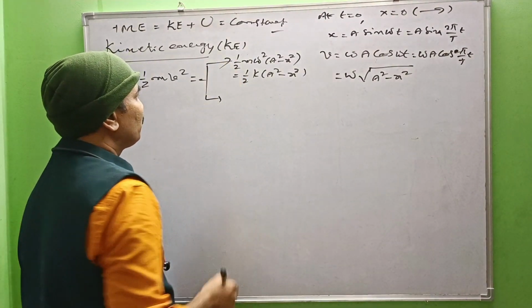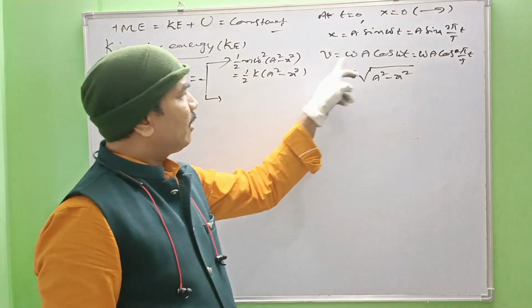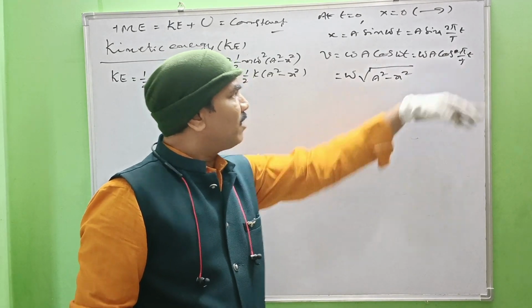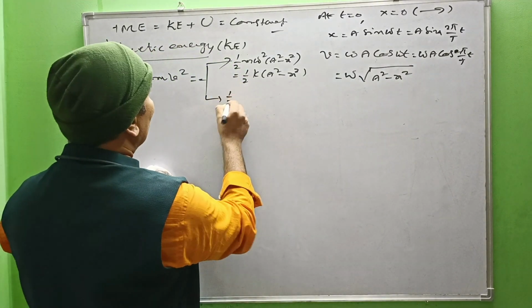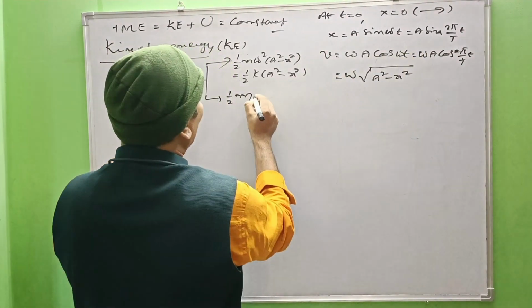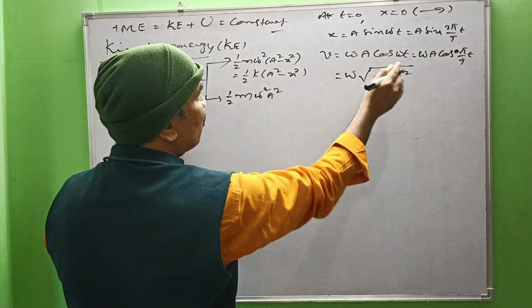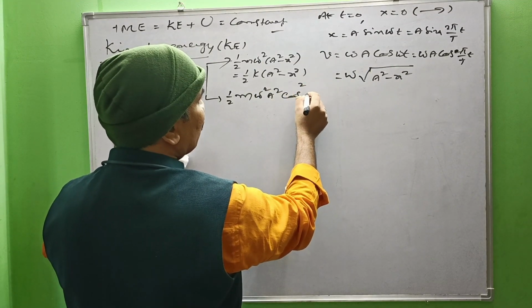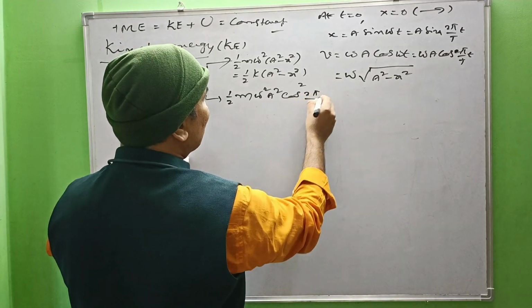See another form. If we take v as omega into a into cos 2 pi by T into t, then half m v square is half m omega square a square cos square 2 pi by capital T into small t.